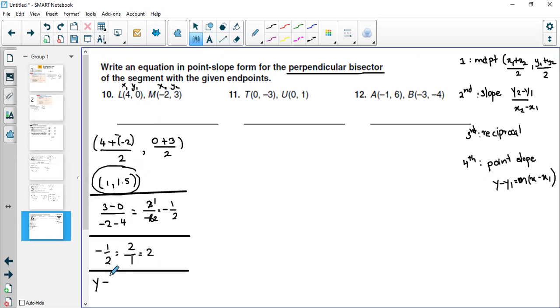So y minus 1.5 equals m, that's the slope. So the slope is 2 times x. I don't write any value for x, but for x1, I replace x1 with a 1. So this is going to be the equation in point slope form.